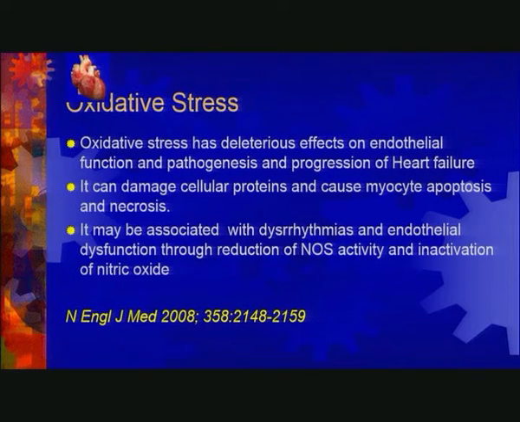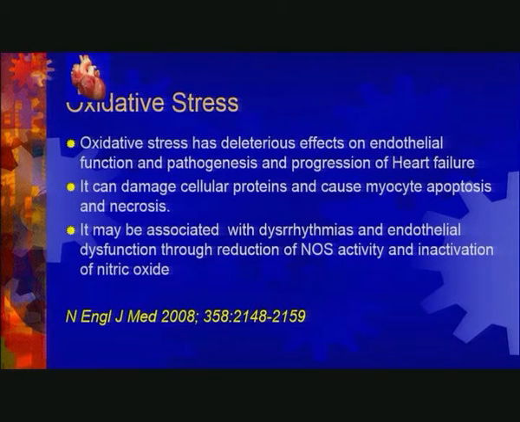Oxidative stress is also another important feature and marker. Monitoring of these markers can determine the risk of heart failure because they reflect increased oxidative stress, and again, this is also related to inflammation, because in an inflammatory process we always have increased oxidative stress.